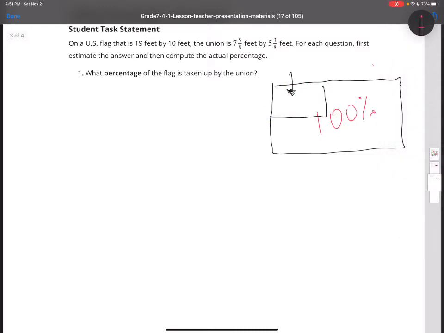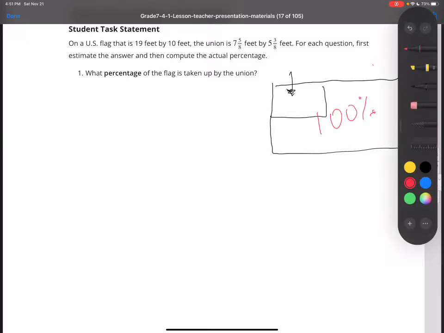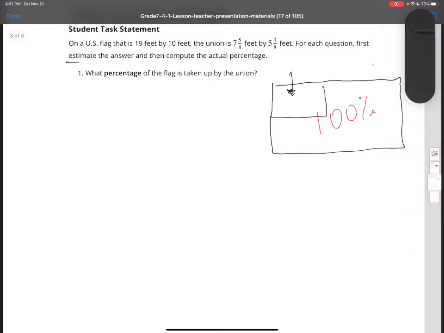All right. So the first thing I want to do is take an estimate because that's what the question told us. If I had to estimate it, I would say that this is about either 25% or a little bit less than 25%, but no less than 10%, okay?